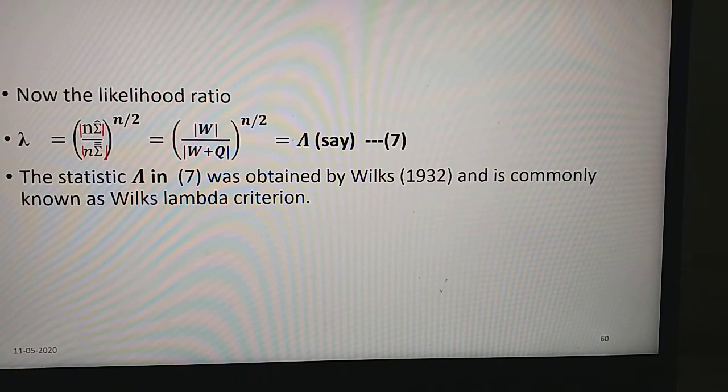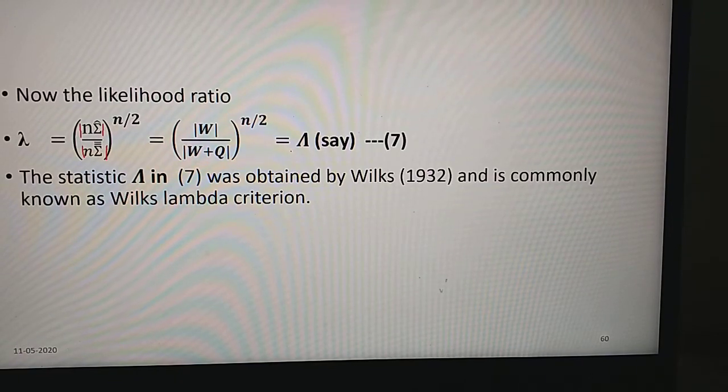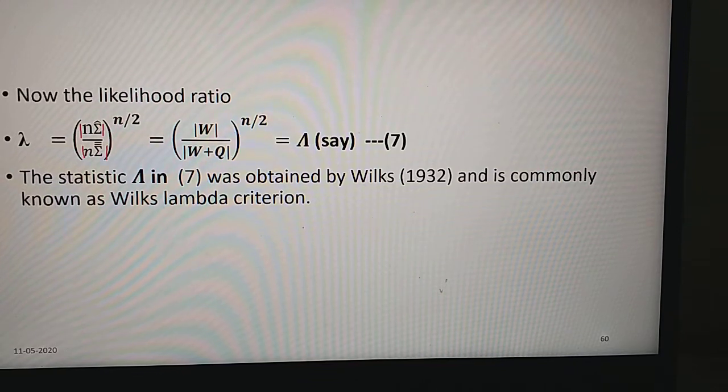This is equal to delta. Let us call this statistic capital delta. This statistic delta was obtained by Wilks and is commonly known as the Wilks lambda criterion. So this is the statistic for testing H naught in the multivariate analysis of variance.